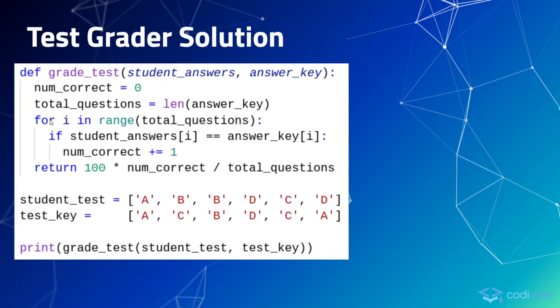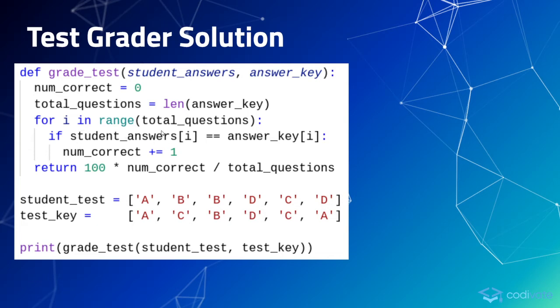Our next step is to loop through each item in both of the lists. Since we know the length of one of the lists is already stored in a different variable, we can just use that variable inside our range function here. For i in range, that's how we make our for loops, we're going to be doing the comparisons between the student's answers and the answer key's answers.